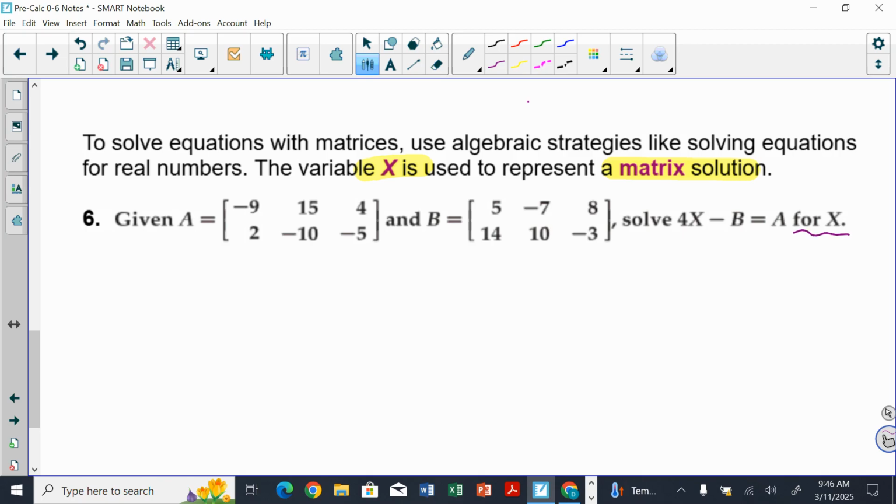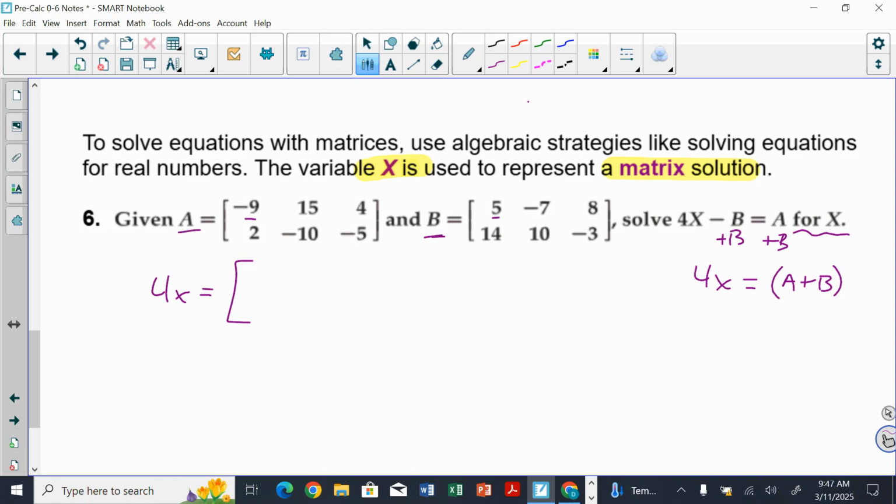So what would we do to solve for X if it was a regular equation? It's a two-step equation, so I would just add B to this side. So really I'm going to have 4X equals A plus B. That's the first step. I'm going to add these up, A and B here.